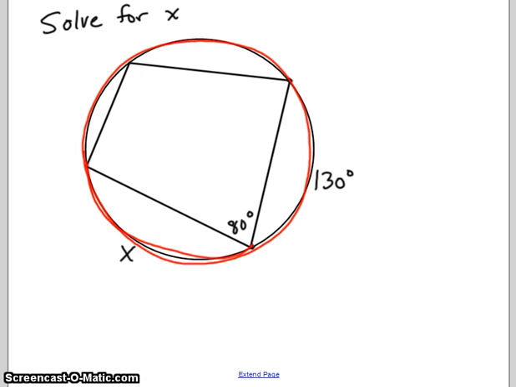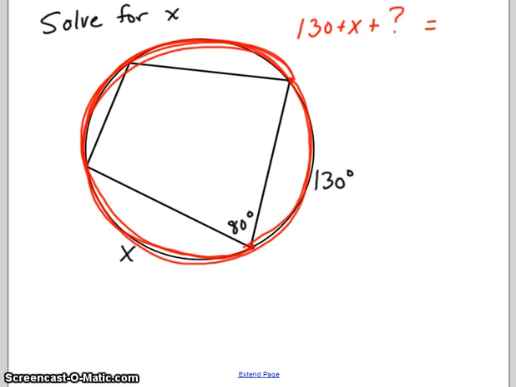So we have 130 for this part, we have x for this part, and then we have this part right here, and we don't know it, but we could find that out, and they all equal 360.